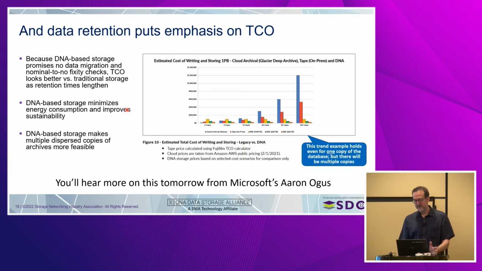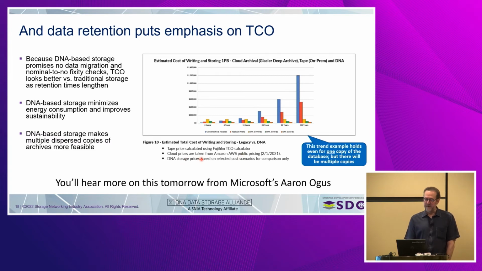And then this emphasis on data retention puts a lot of emphasis on total cost of ownership. So we did an analysis of the costs of keeping data. For the price of tape, we used the Fujifilm TCO calculator, and the tape is the red bar. We took cloud list prices from Amazon AWS, just public pricing.